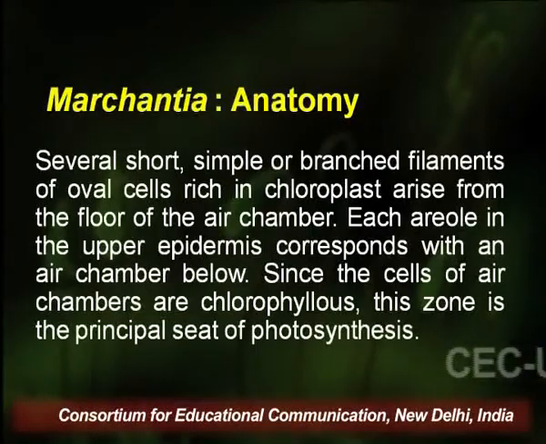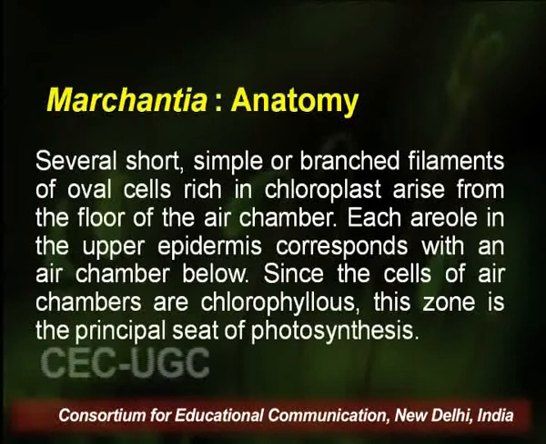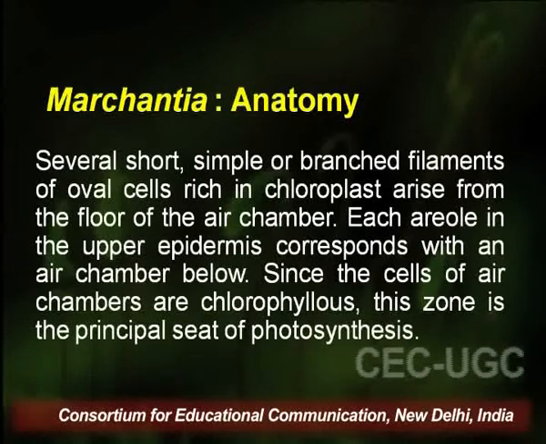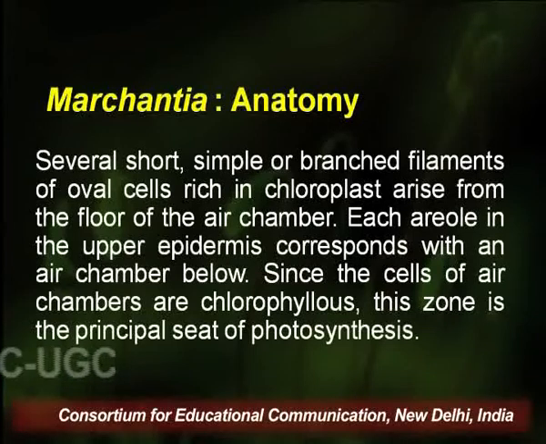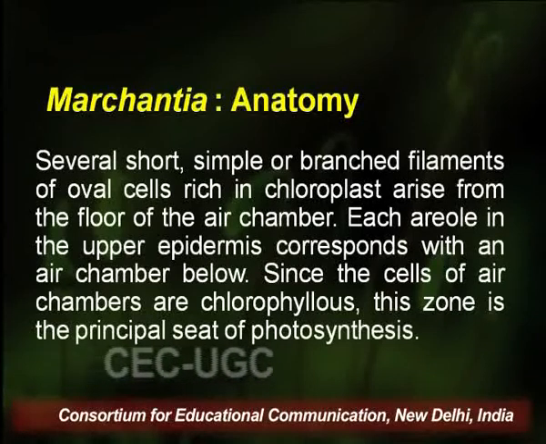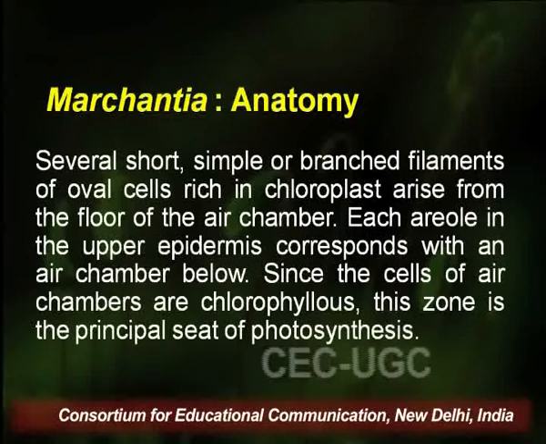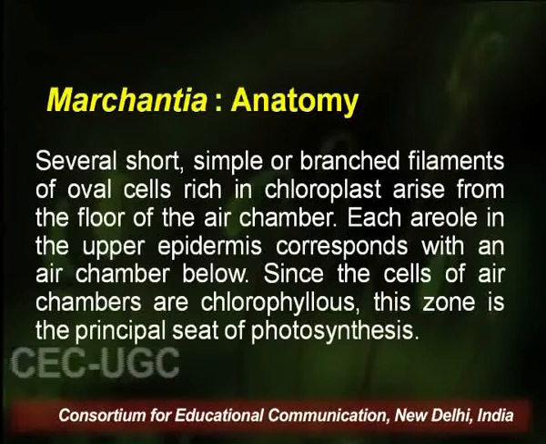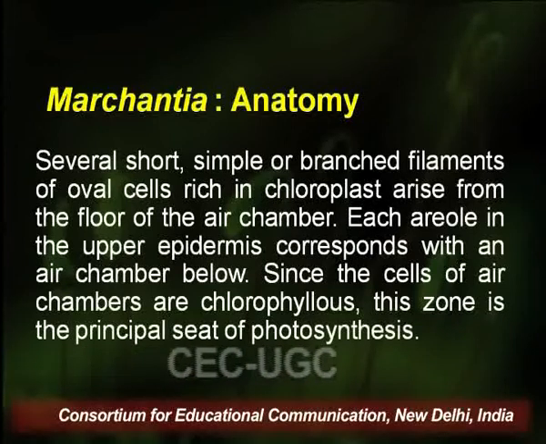Several short, simple or branched filaments of oval cells rich in chloroplasts arise from the floor of the air chamber. Each areole in the upper epidermis corresponds with an air chamber below. Since the cells of air chambers are chlorophyllous, this zone is the principal seat of photosynthesis in Marchantia.